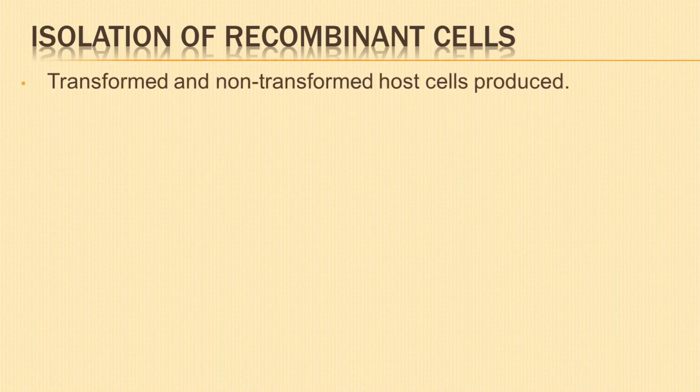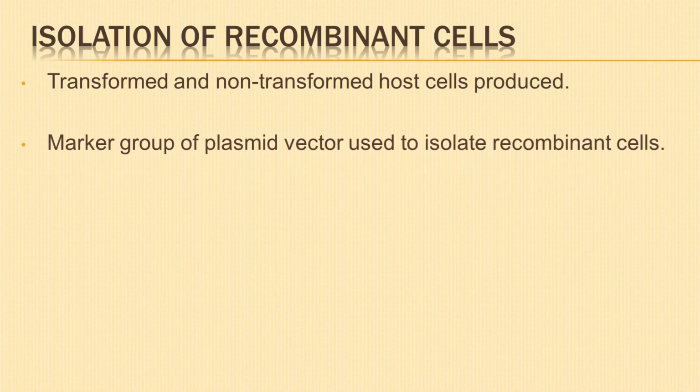Final step is isolation of recombinant cells. Since both transformed and non-transformed host cells are produced, marker groups of plasmid vector is used to isolate the transformed cells or recombinant cells.